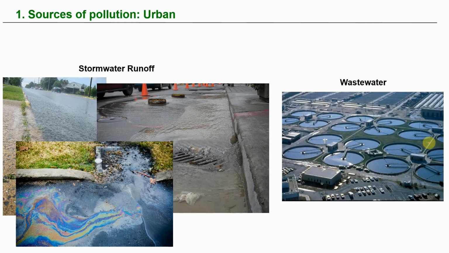Also, we get sources of urban pollution from urban areas. One of the big ones of these is stormwater runoff. So whenever we get storms happening, rainstorms, snowmelt, things like that, when that lands on urban areas, especially non-porous surfaces such as roadways and pavements, it ends up going down the drains.